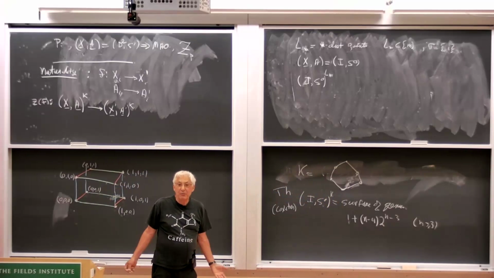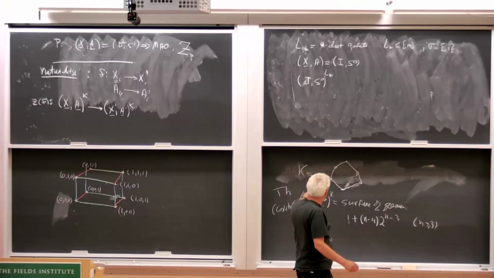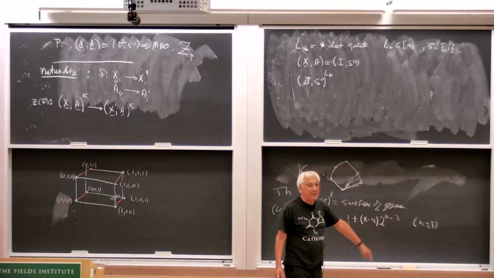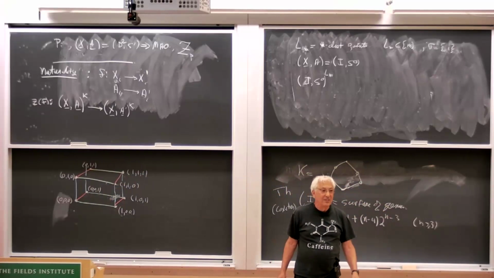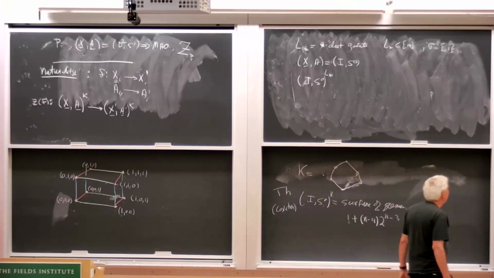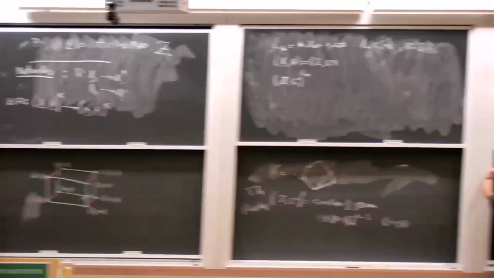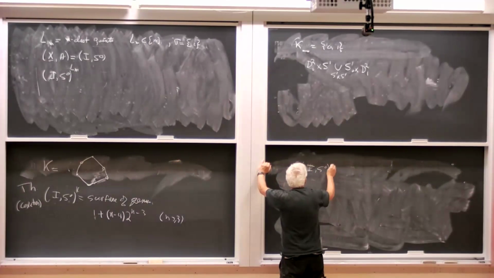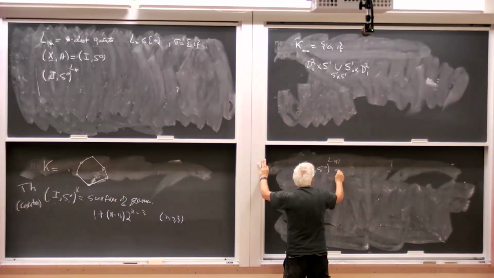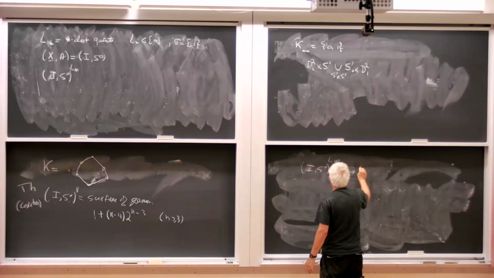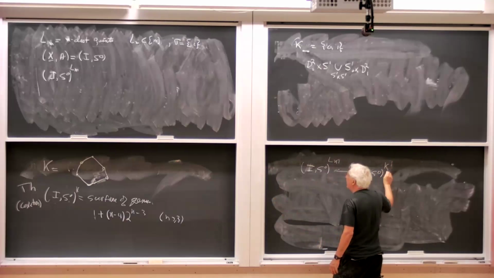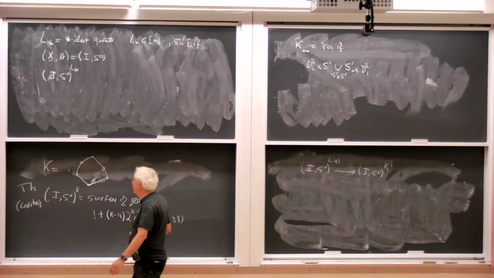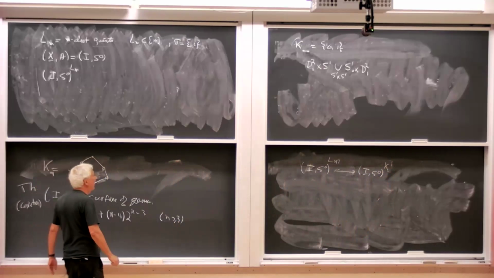But we have a natural map. Namely, I can include the disjoint points into the vertices of the n-gon. So if I take the polyhedral product, let me call this K_n for the n-gon.